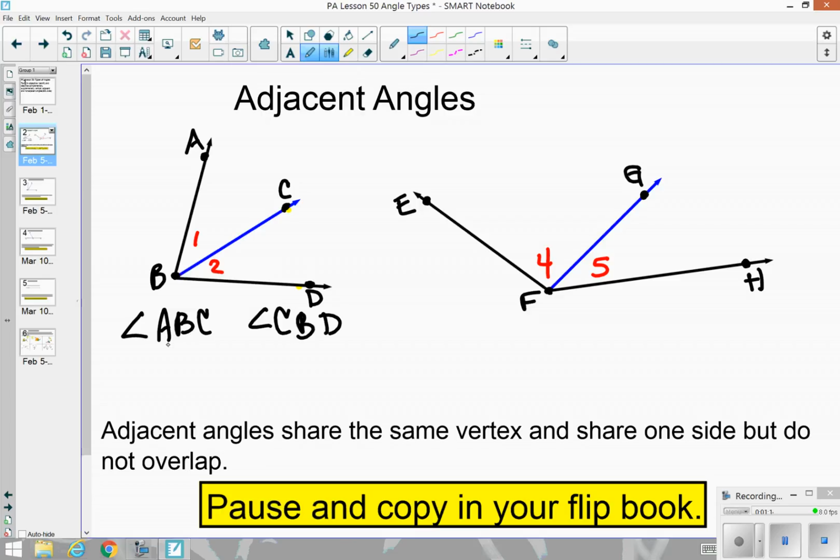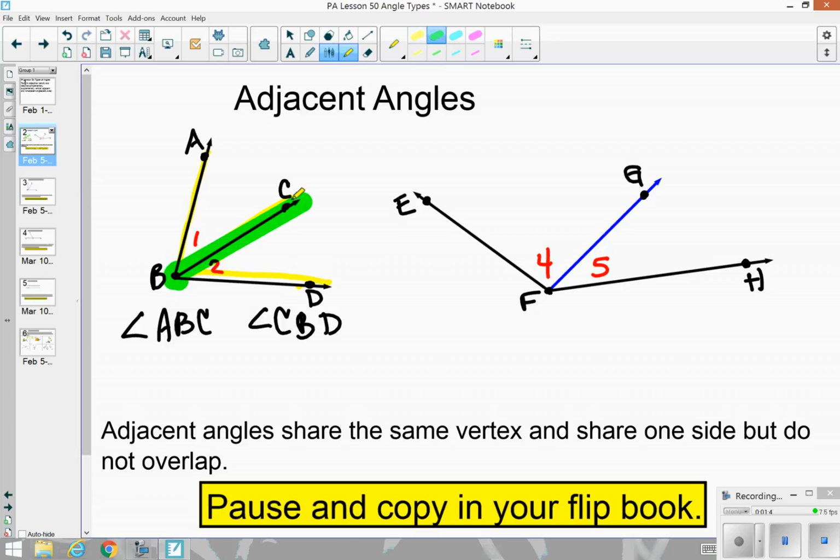So angle A corresponds to angle C, part B corresponds to the other part B, and part C corresponds to part D. So we can see that they are indeed adjacent to each other, that this angle right here is next to or touching this angle right here. And they share this vertex down here, and they share a common side.